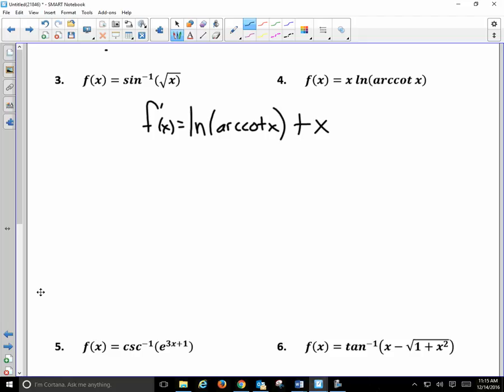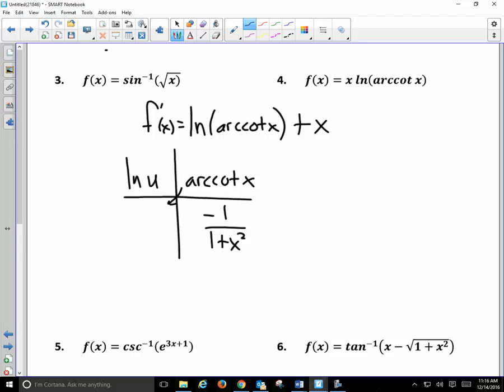Chain rule. Natural log of u. What's the derivative of arc cotan? Good, Wally.